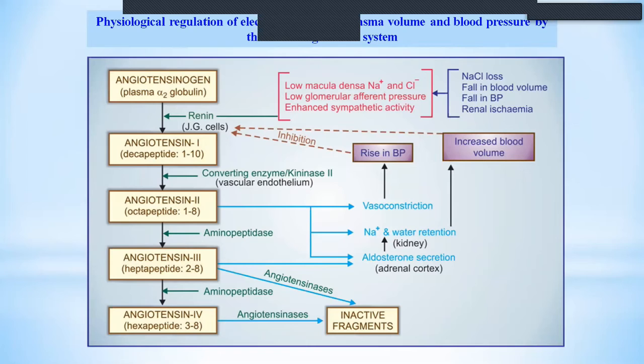Renal ischemia occurs whenever there is low sodium and chloride at the macula densa and low glomerular afferent pressure, which will stimulate renin, and once again all the same processes, the conversion of angiotensin 1 to 2, then 3 and 4, all these cascades of events will start.